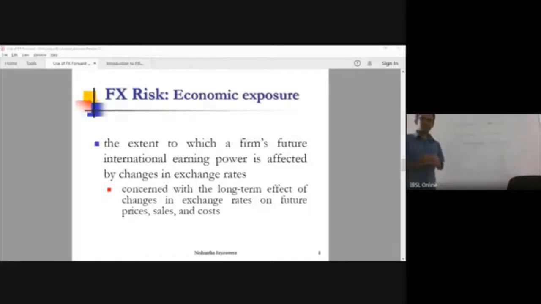Since we haven't discussed these derivative instruments, we'll discuss how to hedge our translation exposures once we discuss derivative instruments. So therefore today we are not going to focus on economic exposure or the translation exposure, but we'll discuss how to hedge transaction exposure.